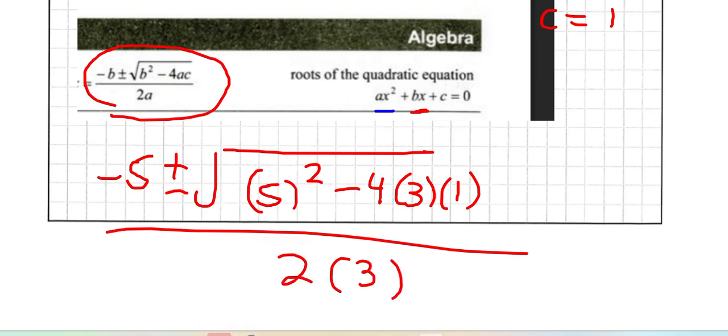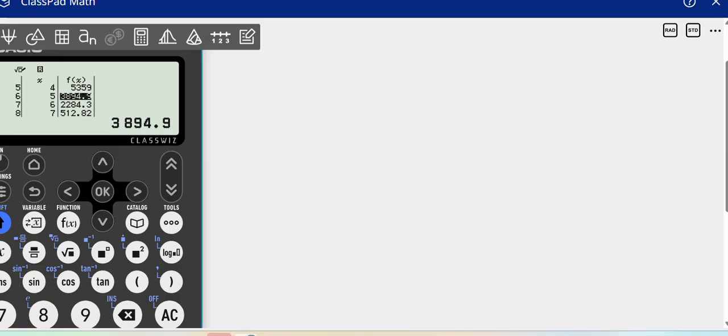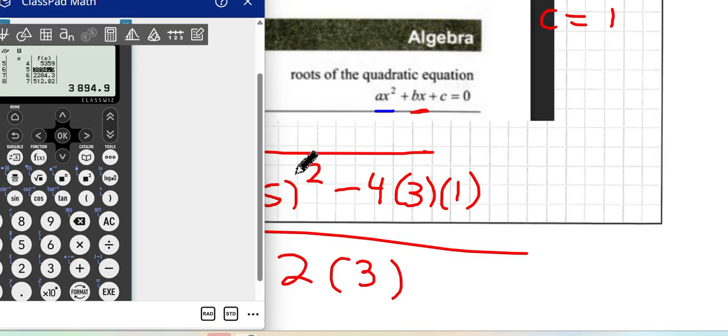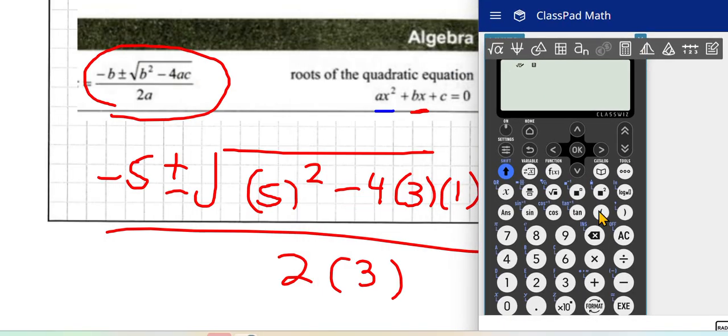Now when you go to your calculator, which is here, we'll go back to, where's the sentence actually? Home, calculate. Now, press the fraction button at the beginning. So we got that, you press the fraction button at the beginning and you go minus 5. There's no symbol for plus or minus.